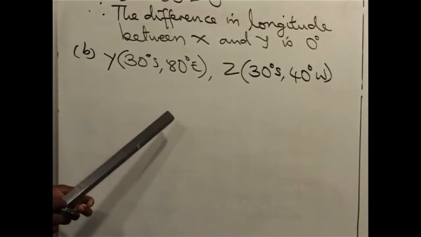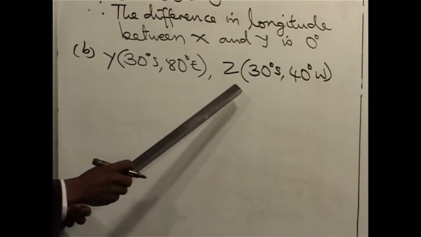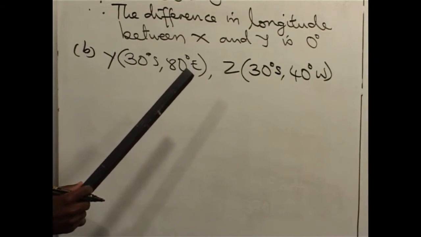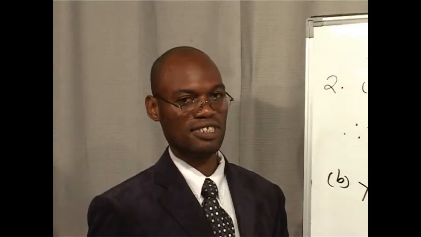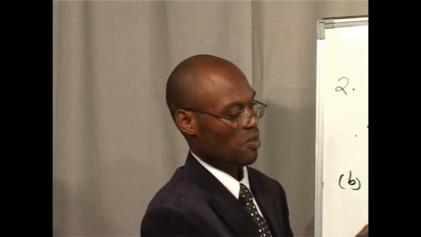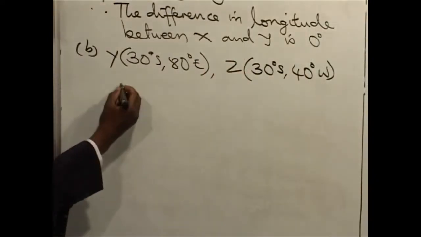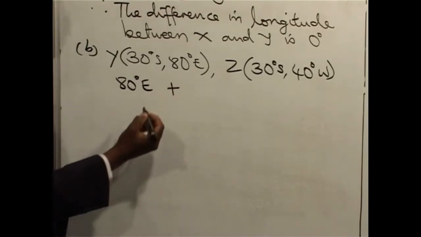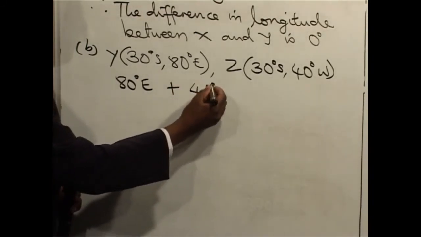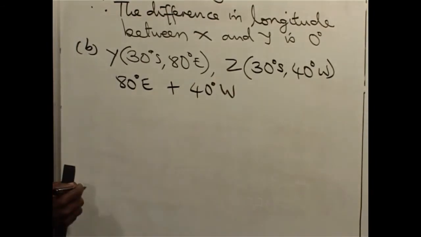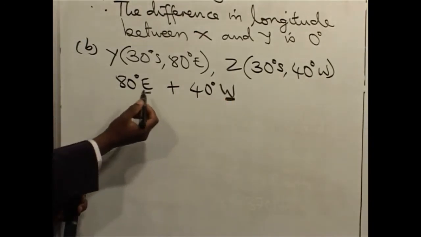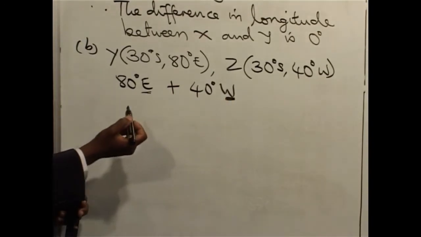Now, the fact that Y and Z lie in different parts or on opposite sides of the prime meridian, you discover that their difference will be the sum of their degrees. Because this is east, that is west, you'll be able to add the 40 degrees west to the 80 degrees east.